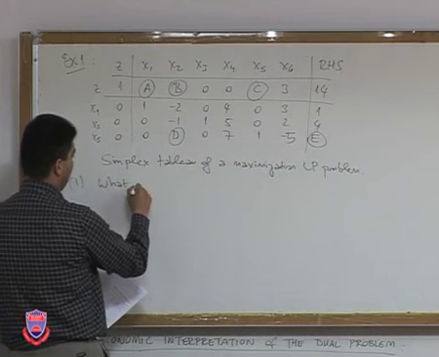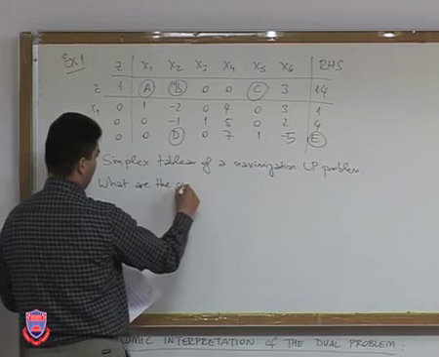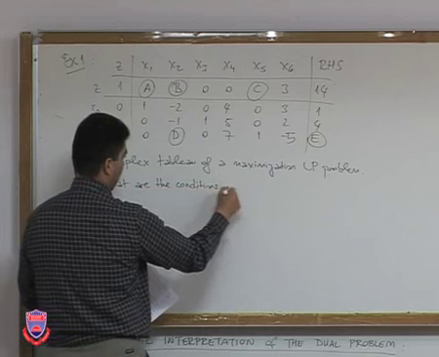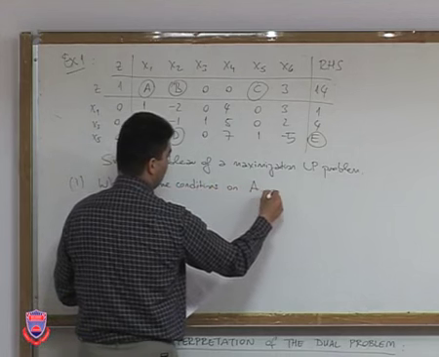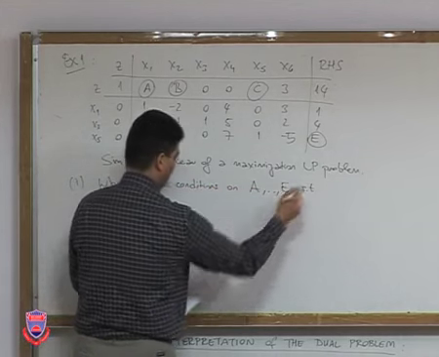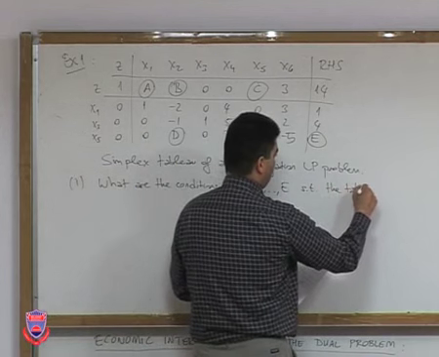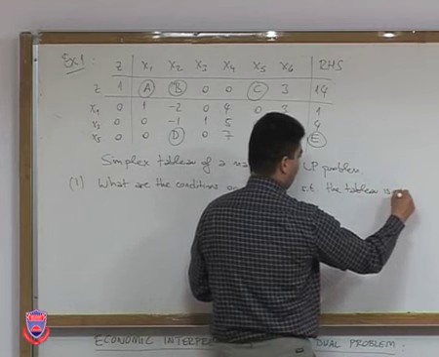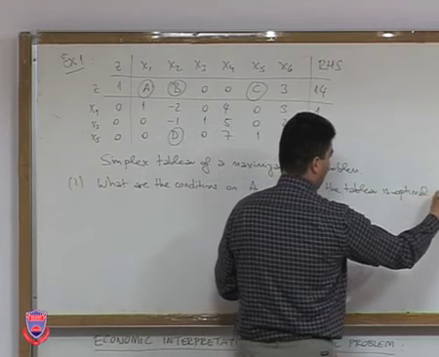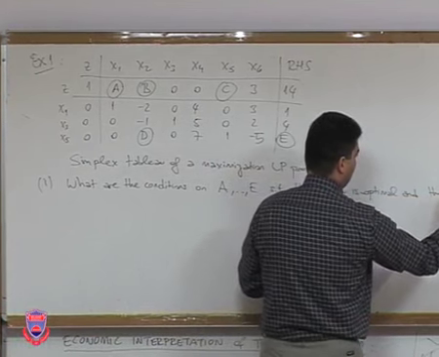What are the conditions on A through E such that the tableau is optimal and there is a unique optimal solution?